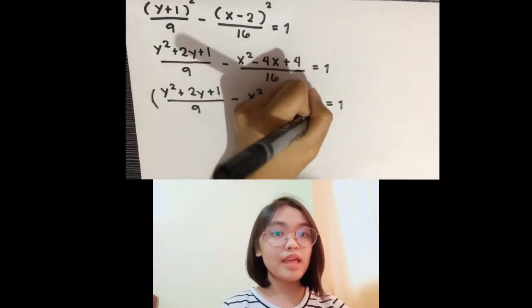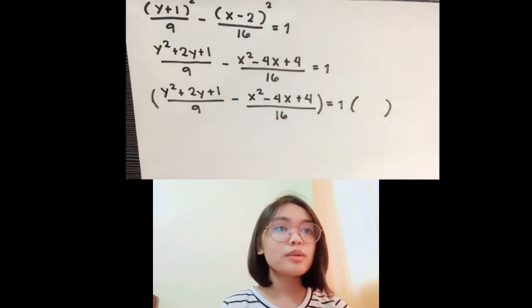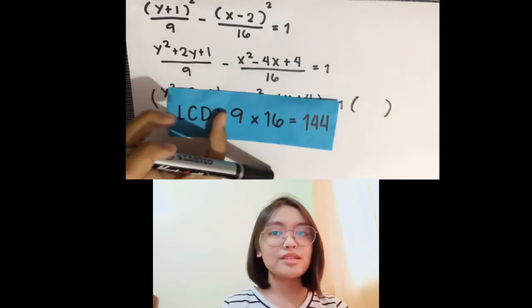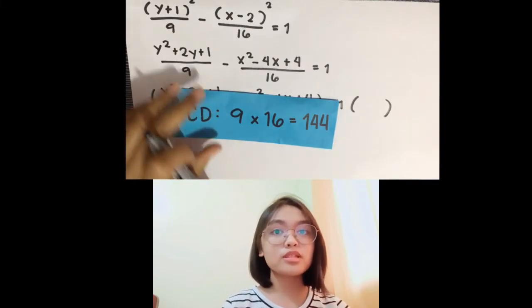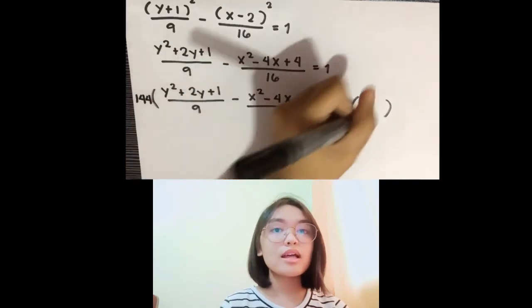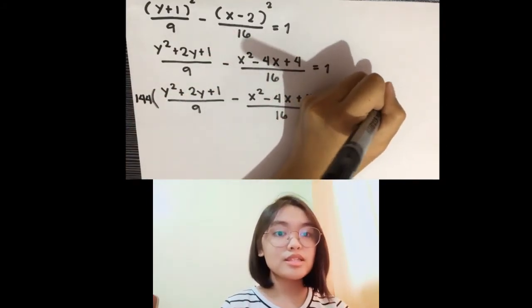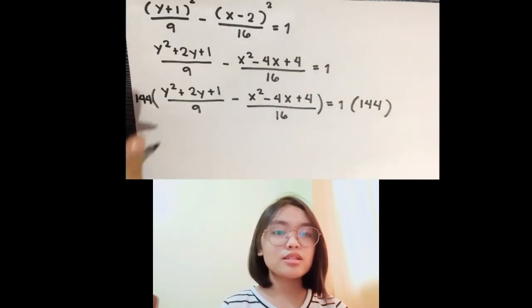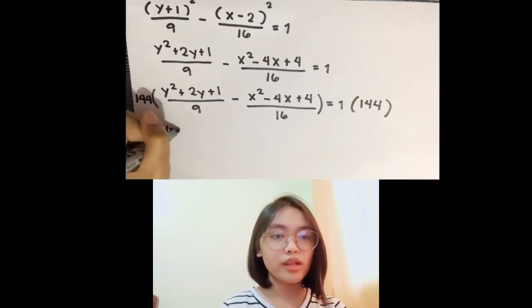After you multiply the LCD in the equation, we will now have, in parentheses, 16y squared plus 32y plus 16, minus, in parentheses, 9x squared minus 36x plus 36, equals 144.